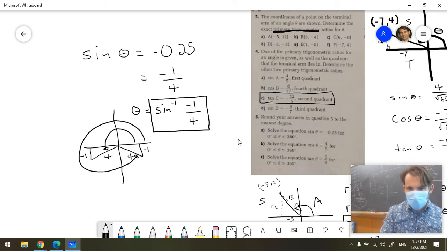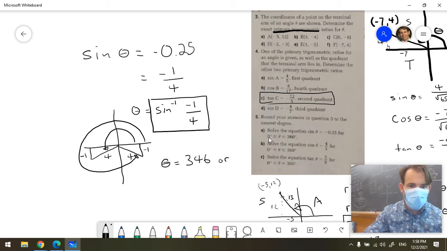But it told me here that theta is between 0 and 360, so I've got some doing to do. Negative 14.4? Well, let's add 360 to that. Equals 345.6 degrees, and we were asked to find it to the nearest degree. So that means theta is equal to 346, or this angle over here. And I have some doing to do. This is 14.4 degrees here.